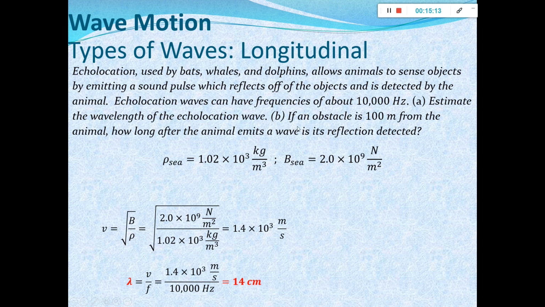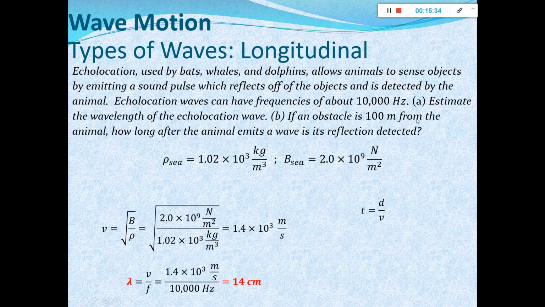All right, now for part B, they want us to determine how long it takes for the animal to detect its own reflection. So we're going to go back to the very basics of speed, that it's distance divided by time. We know what the speed of the wave is, so we just need to know the distance.